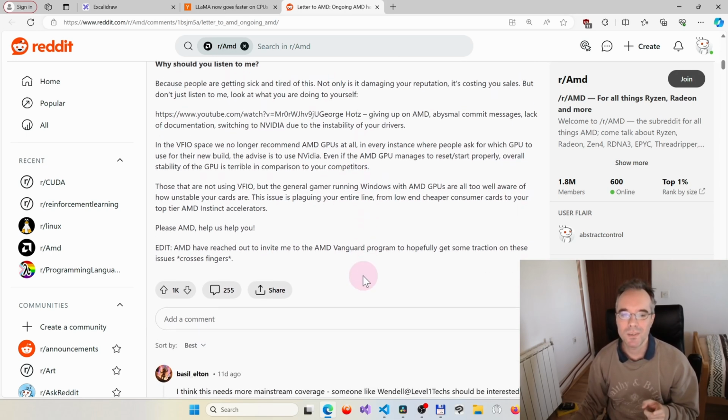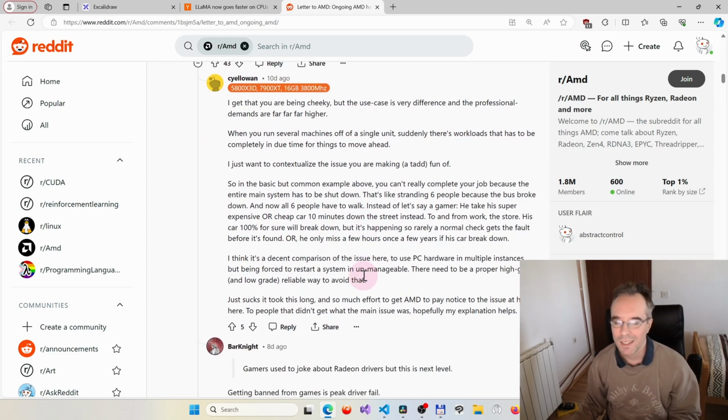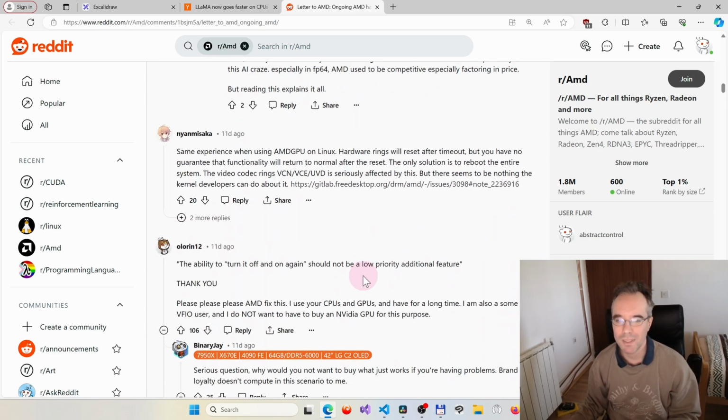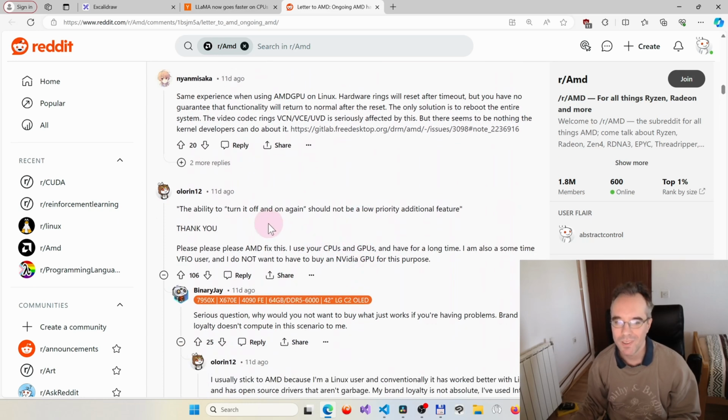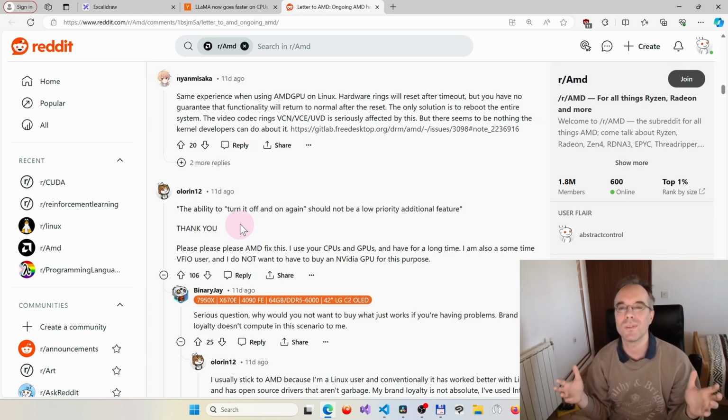And basically, if you look at this thread right below, the ability to turn it off and on again should not be a low priority additional feature. This is what AMD users are complaining about when it comes to their GPUs.